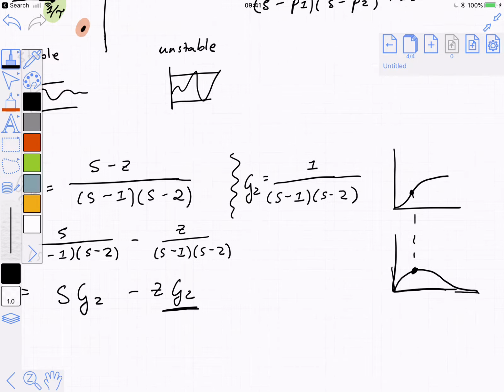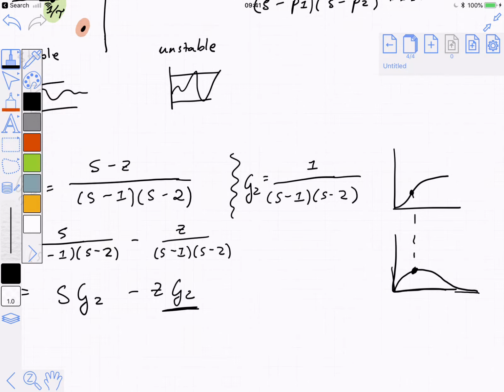Because I now know that the response of this system with numerator dynamics can be completely explained by understanding the denominator dynamics and then doing a couple of extra derivatives. Does everybody see how that relationship works? This is how you would do it in your head.